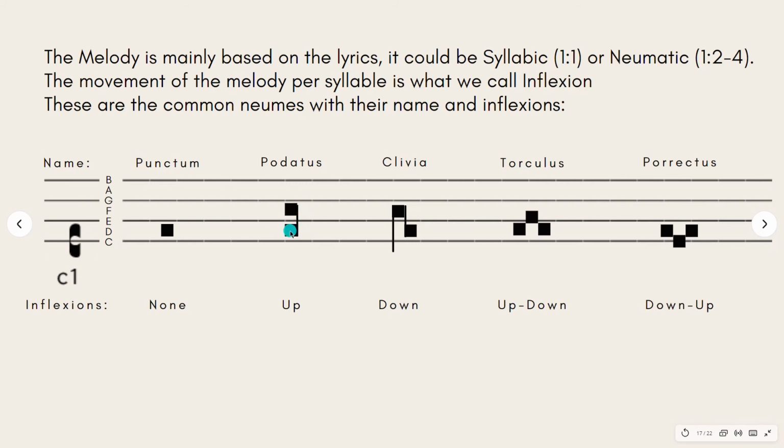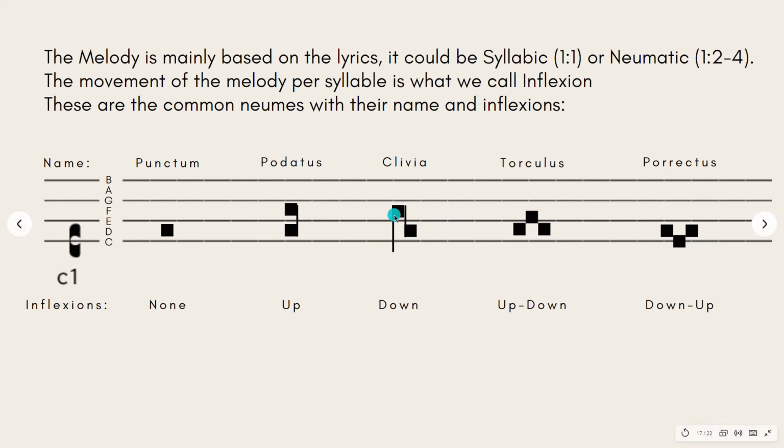If you're going to read this, we have to identify first the clef. This is a C clef. It means this line here is your Do. So if you read this podatus, it will be Re, Fa. Next one is clivis. Clivis is another neumatic.